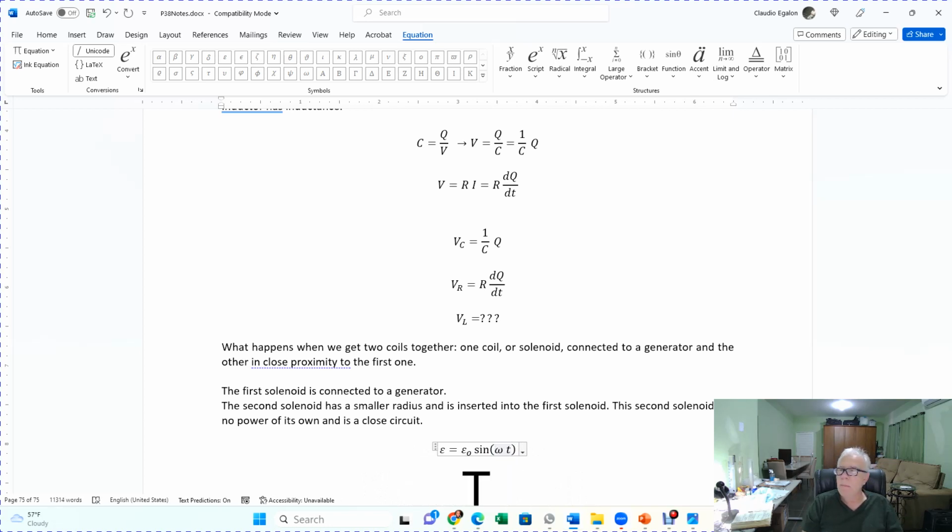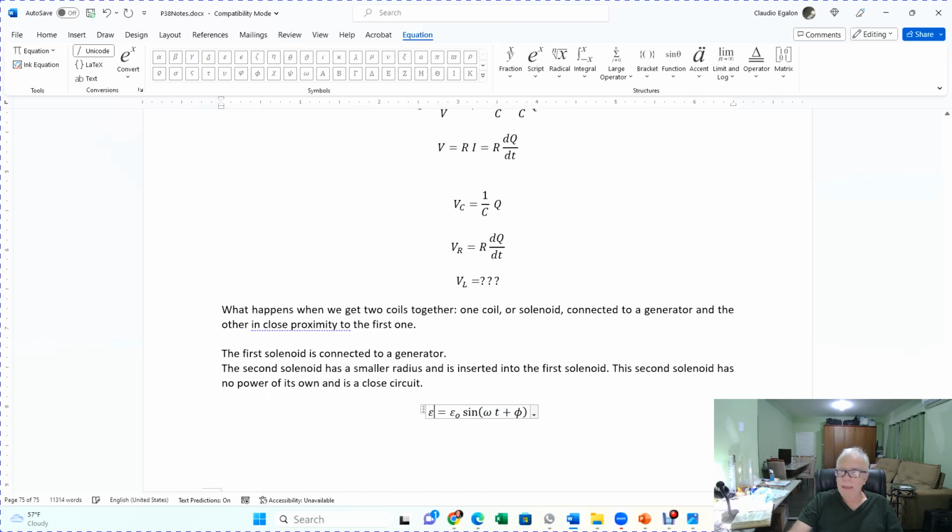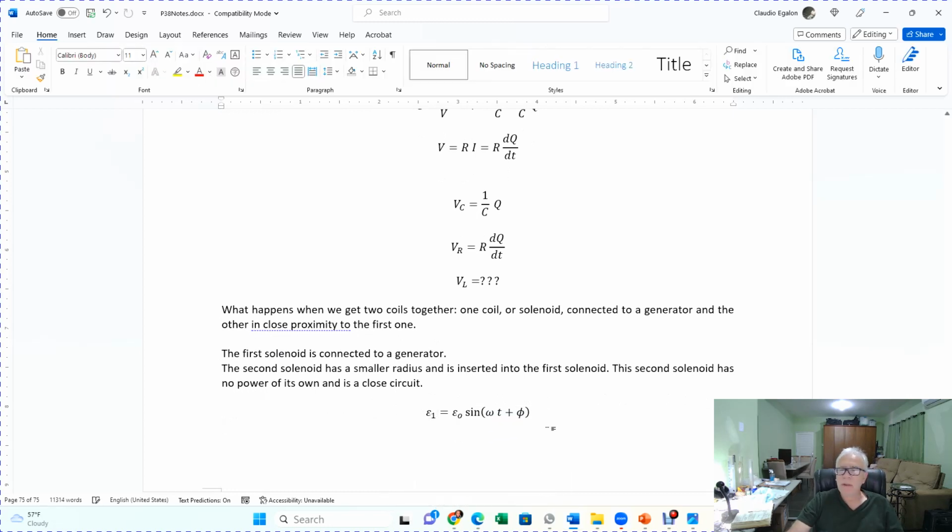Okay, I'm going to use this one here. Omega t. Now if I want, I can introduce a phase constant here, and I want to specifically state that it belongs to the first solenoid. That would be the best way. Let's see what happens, right?